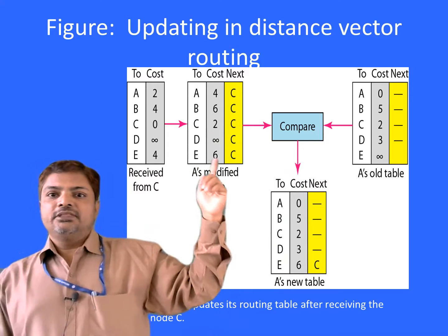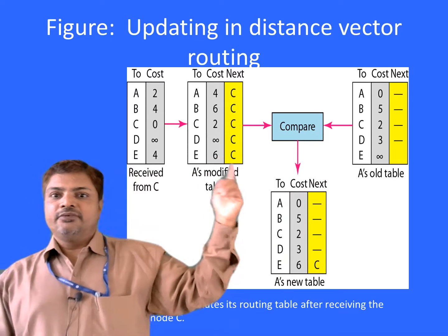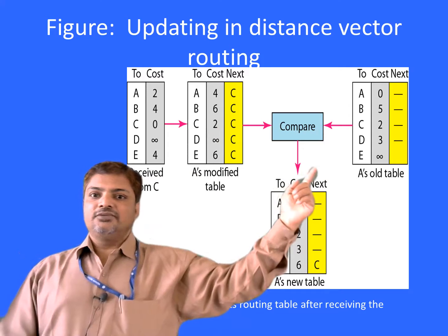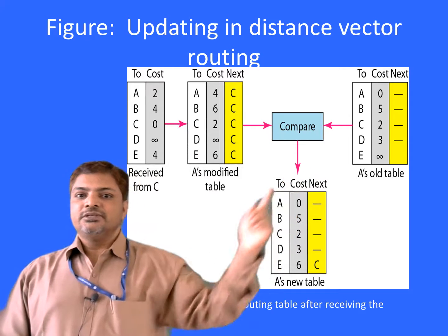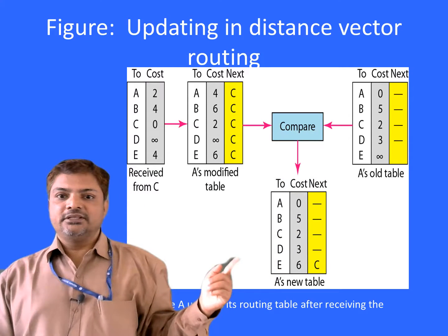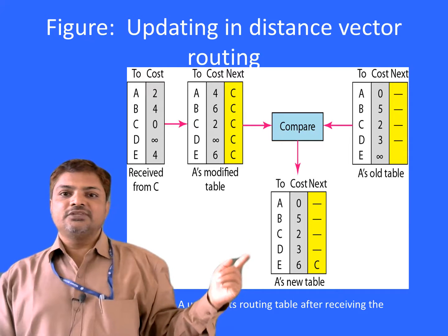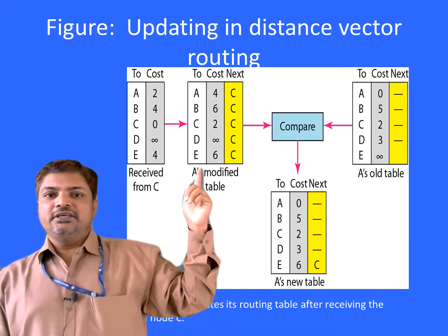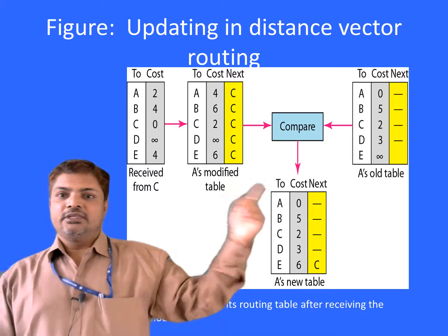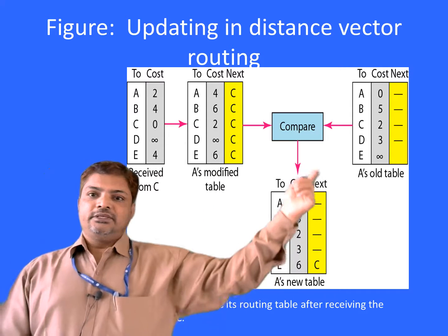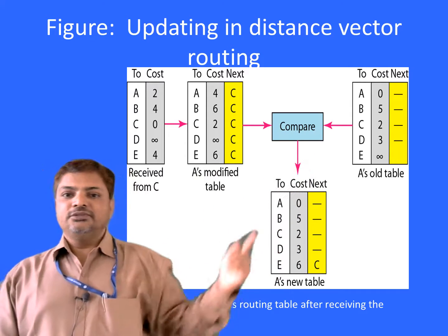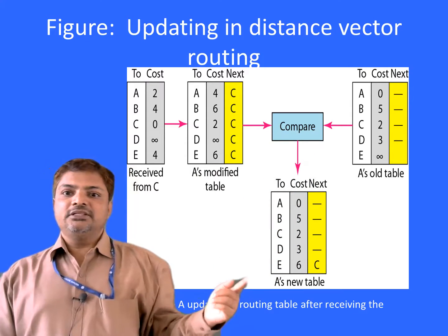A to D, the cost is infinity here, whereas from here the cost from A to D is 3. So the least value is kept. A to D, the least value is 3. The cost from A to E is 6 here, and here it is infinity. So we keep the least value.